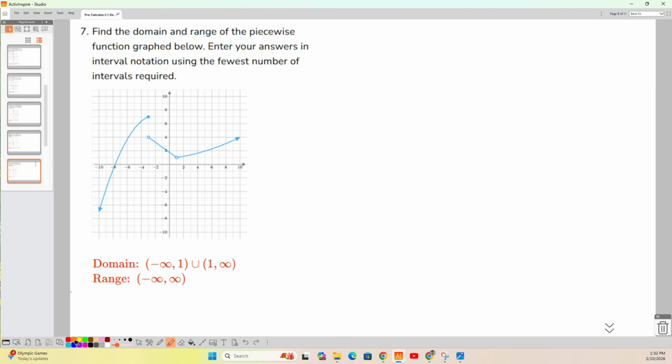Now let's check out the range, all the possible y values. So I see this arrow pointing down, so I know that I have infinitely low, infinitely small y values. And this arrow is pointing up, so I know I have infinitely large y values. So I'm going to start from negative infinity. I know the graph exists. Keep coming up. Now there's a hole at 1, 1, but for a y value of 1, the graph exists over here.